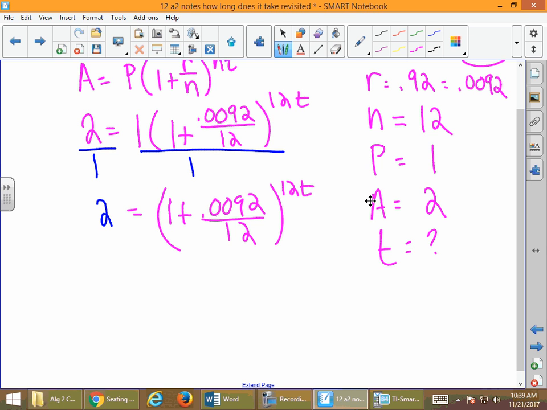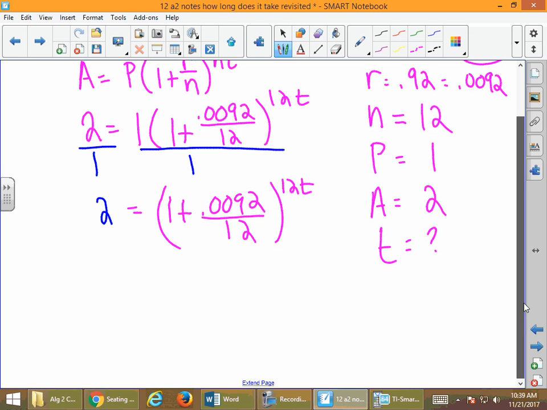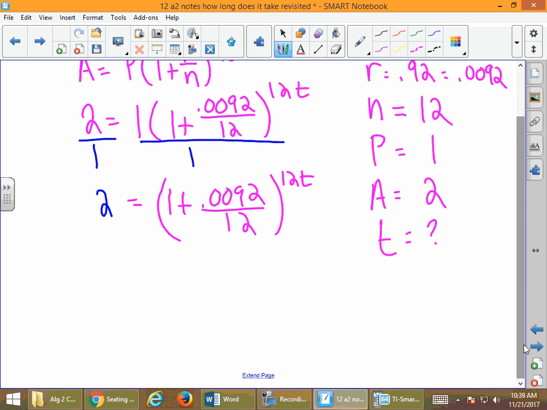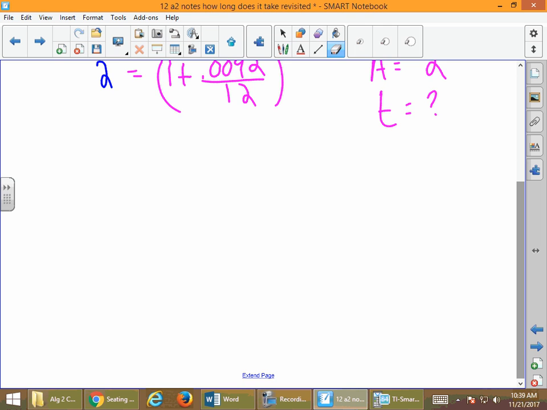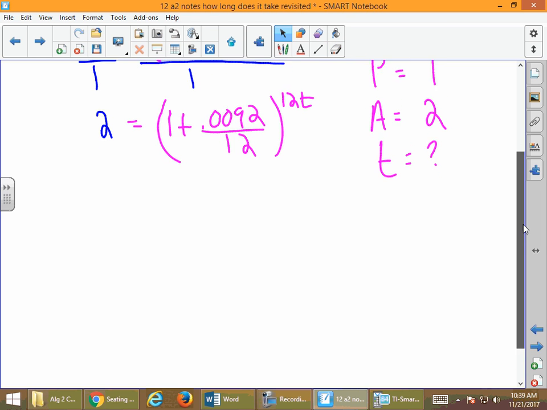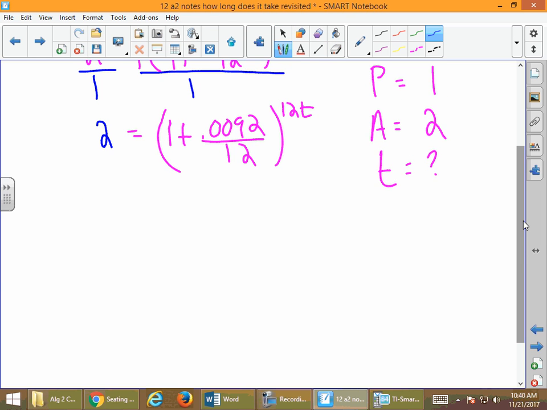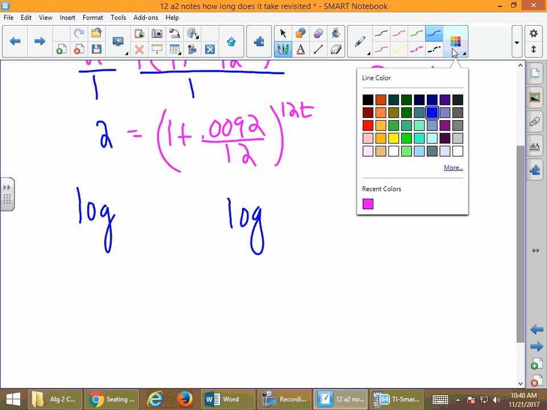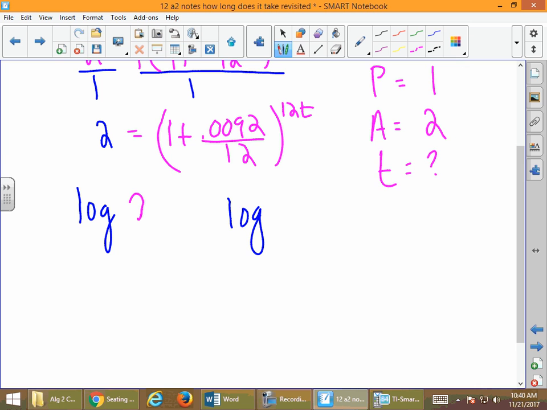It's not the solving. We've been doing enough of this that I hope that makes sense to us. But once we get this isolated, we're going to put a logarithm in, and I'm going to use log. Both of them. So it's going to be log of 2 equals log of 1 plus 0.0092 divided by 12 to the 12t.